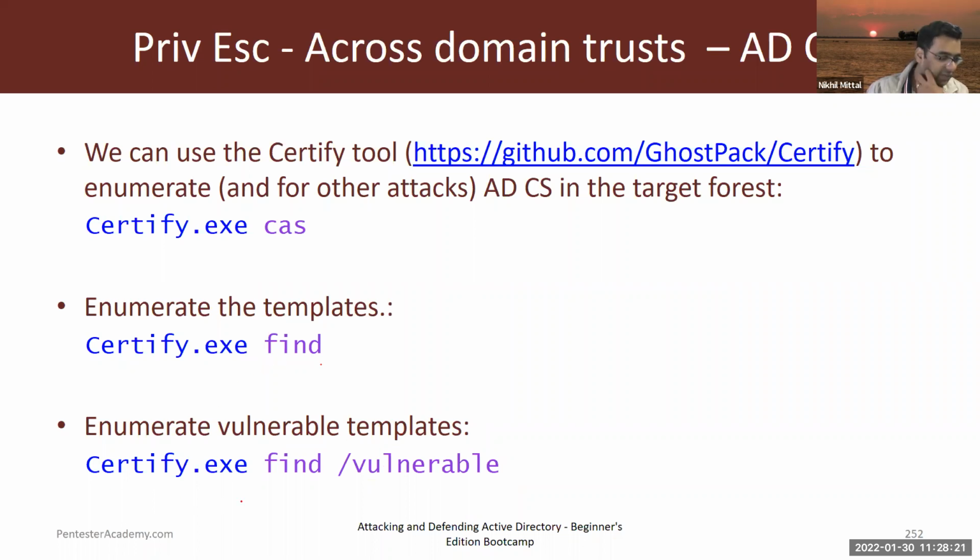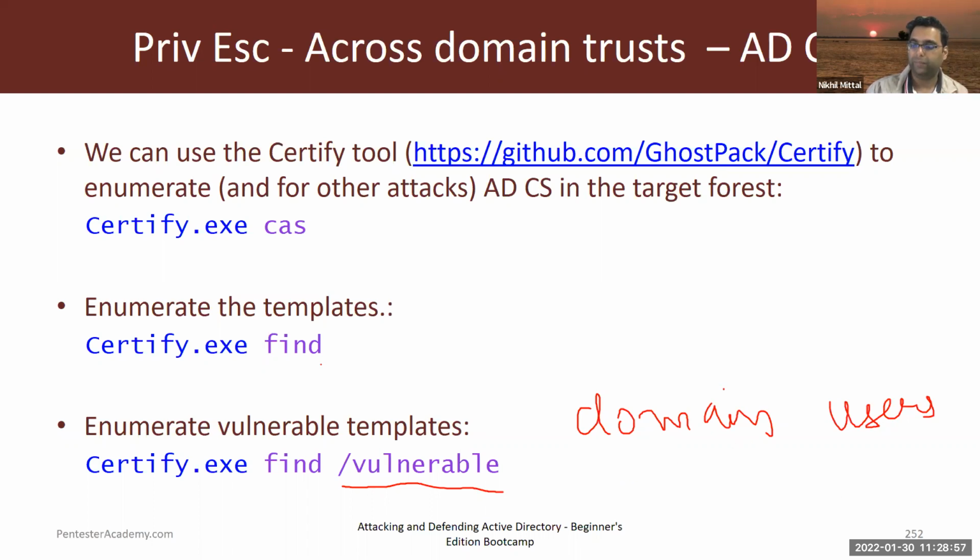What certify.exe find /vulnerable does is look for any template that provides enrollment rights to domain users. Please always keep in mind that if a template does not show up in /vulnerable, it does not mean that it is actually not vulnerable. This only checks if domain users have enrollment rights on any template. That's the only check that /vulnerable does.